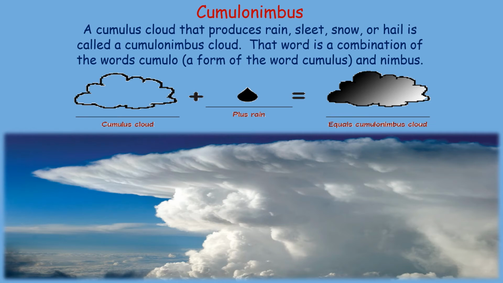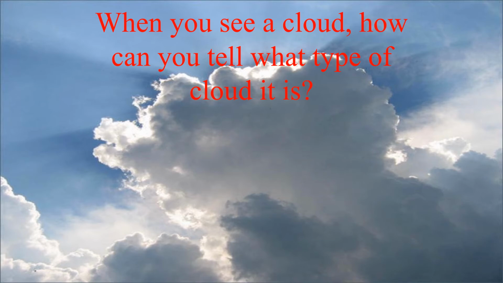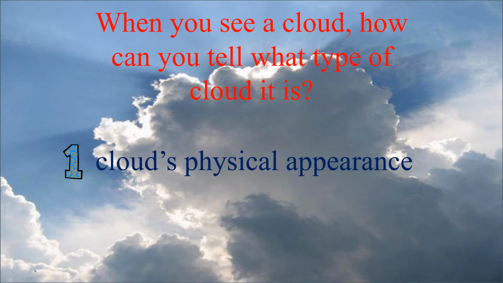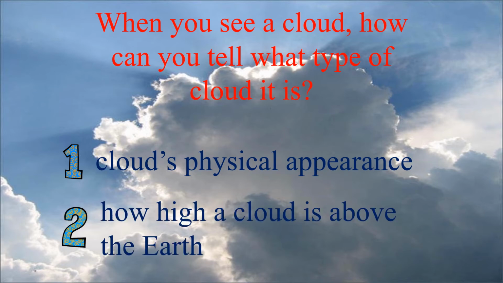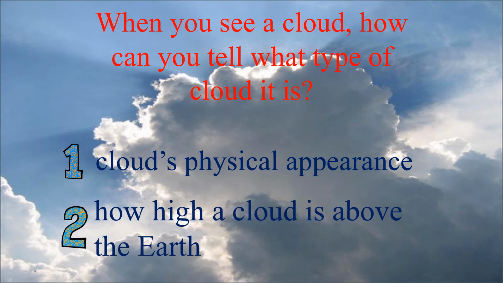That word is a combination of the words cumulus and nimbus. So cumulus cloud plus rain equals cumulonimbus clouds. Right, so we talked about the first, the physical appearance, and you can combine two appearances and make another type of cloud. Second one is how high a cloud is above.